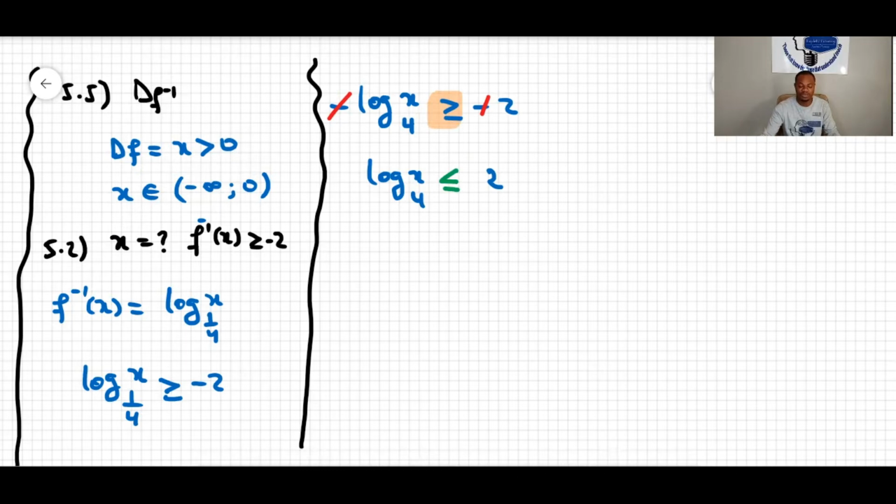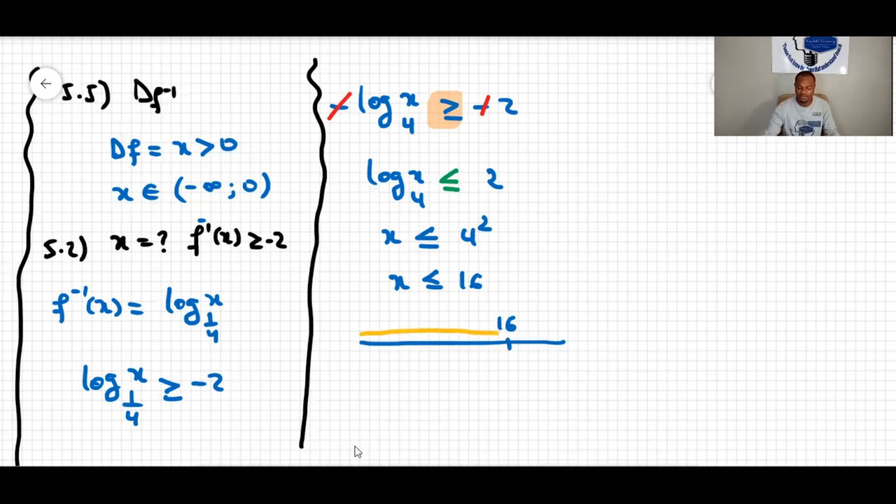Then we can work it out. This means that x must be less than or equal to 4 to the power of 2, so x is less than or equal to 16. But remember, with logs, I'm going to show a number line here. If 16 is there, it takes the values that are less than 16.